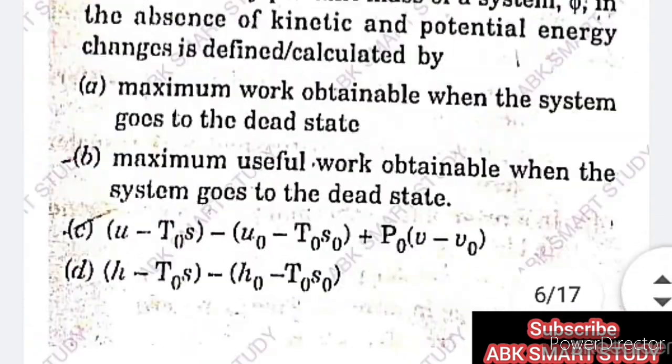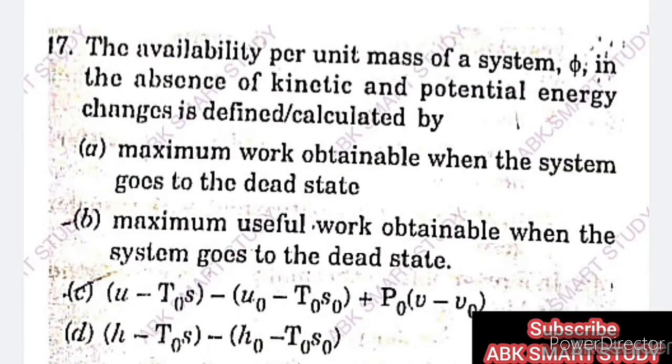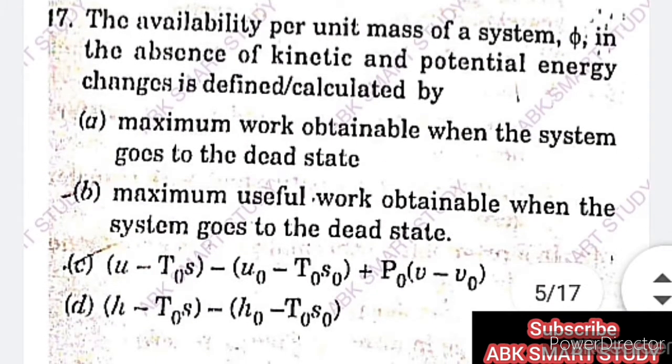So here option B is the correct answer to the above question. Next question: the availability per unit mass of a system phi, in the absence of kinetic and potential energy change, is defined or calculated by.